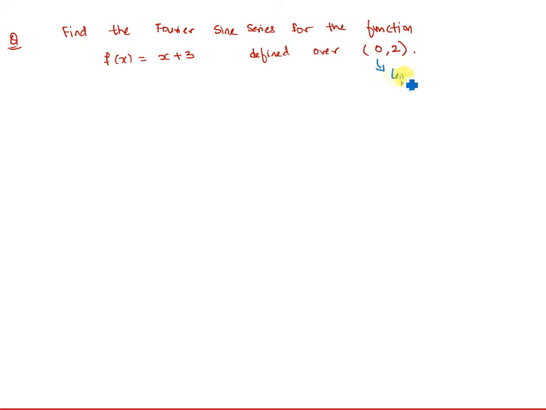What is the length of this interval 0 to 2? It is always the higher number minus the lower number, 2 minus 0, which is 2. So your function f(x) is x plus 3, interval is 0 to 2 and length is 2.